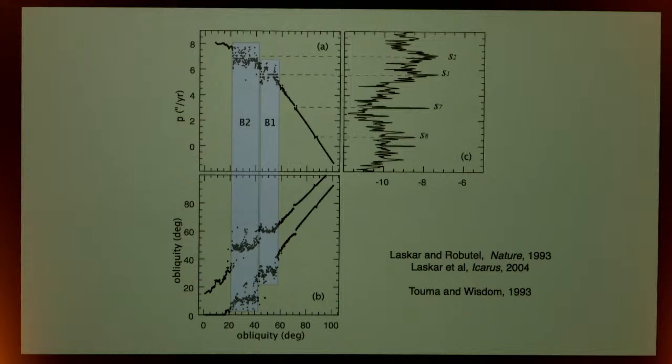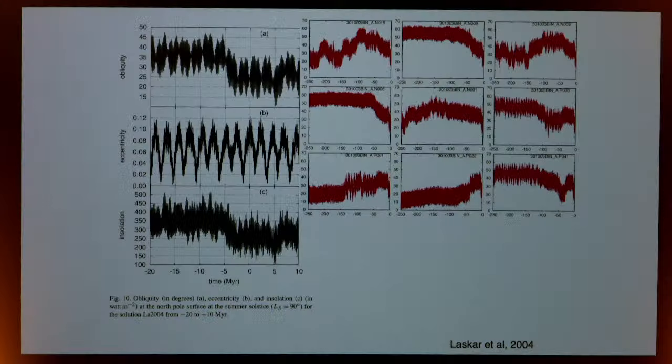So this means that for the orbit, you can predict up to 60 million years from the present position, but for the obliquity, the prediction is much more difficult. You are very quickly limited to about 10 million years. But I think this rise in the obliquity at 5 million years should be quite robust.